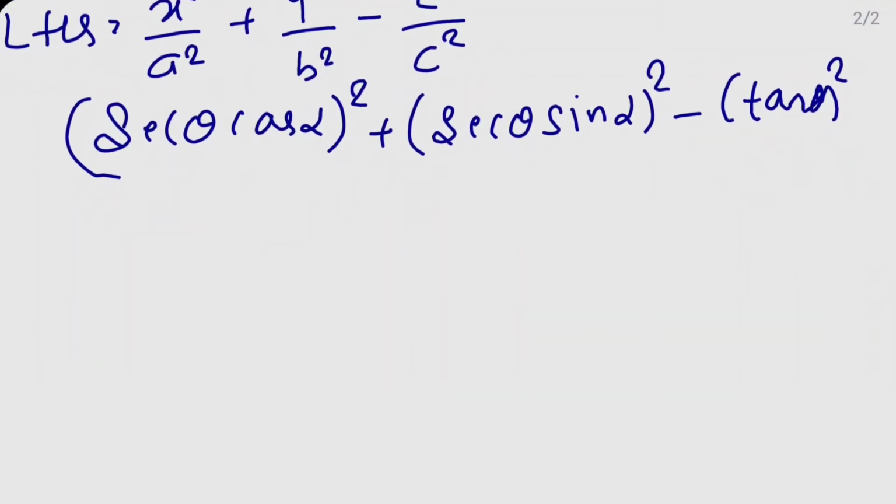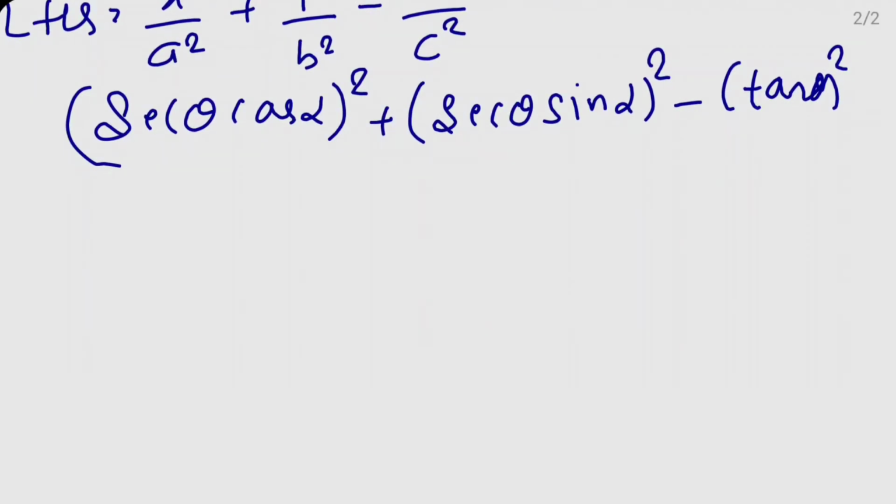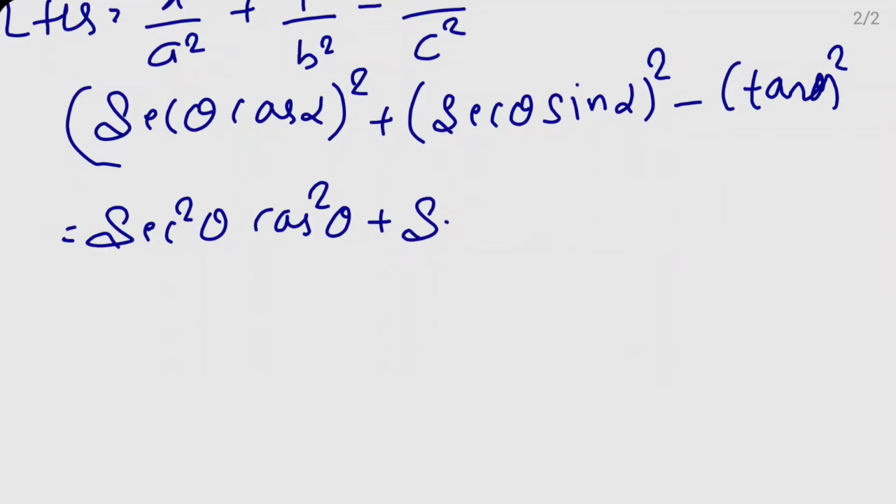And now here, sec square theta cos square alpha, plus separately squaring, sec square theta sin square alpha minus tan square theta.